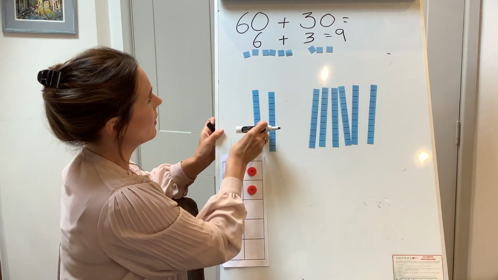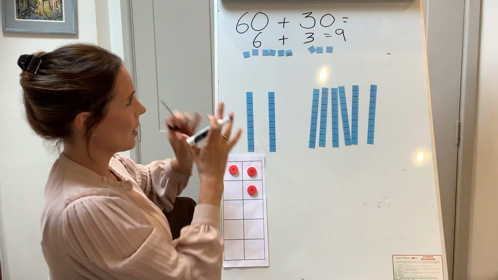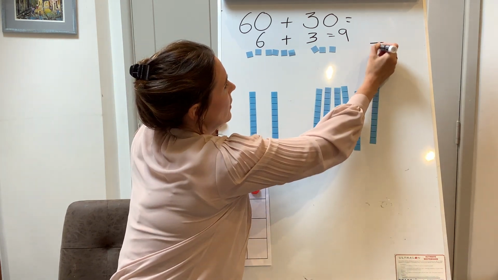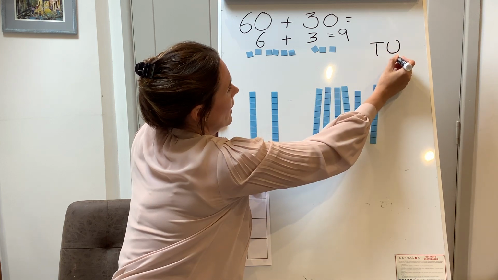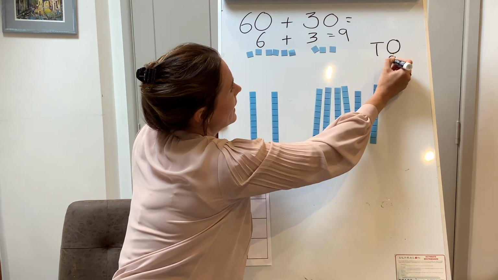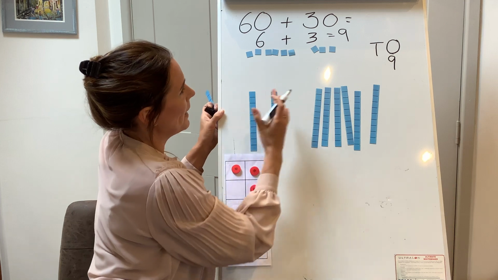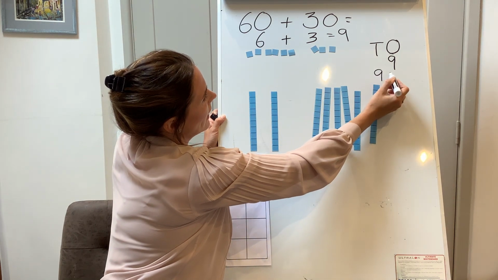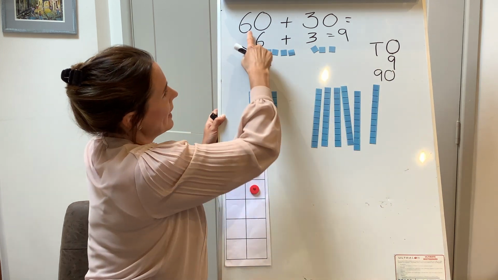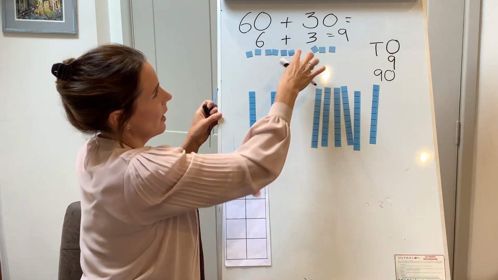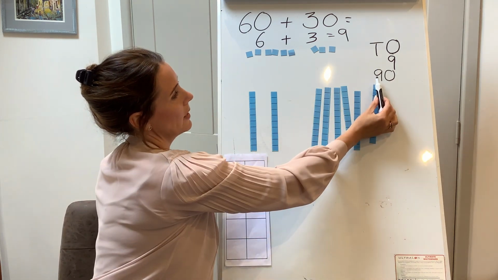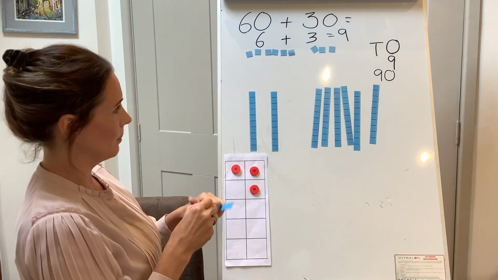And then you can use that knowledge to think, okay, well if 6 and 3 is 9, I know that knowledge of my tens and ones, that 9, 10 times bigger is going to be 90. Because 6 we're making it 10 times bigger into 60. 3 we're making 10 times bigger to become 30. So the 9 is going to become 90.